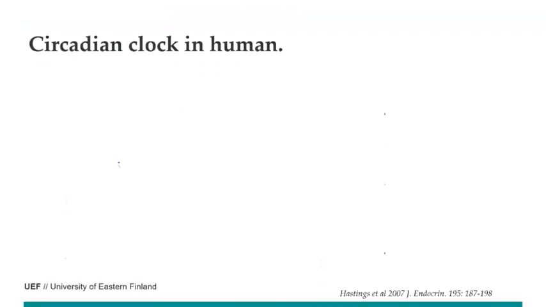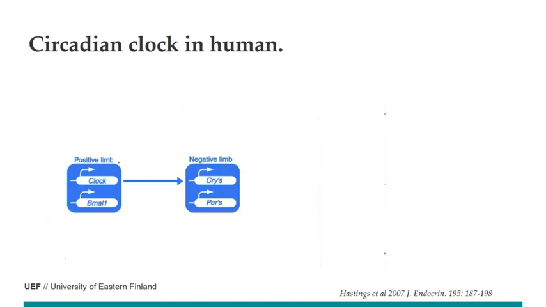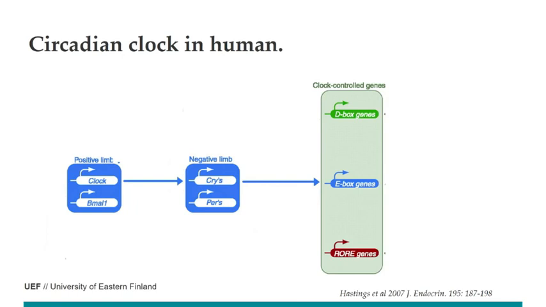And still in the human, the problem actually is that we have some background processes, but it's still quite similar. So we have this CLOCK and BMAL affecting CRY and PER expression, and they are then affecting different clock control genes. But the problem is that we have this negative limb inhibiting its activation.